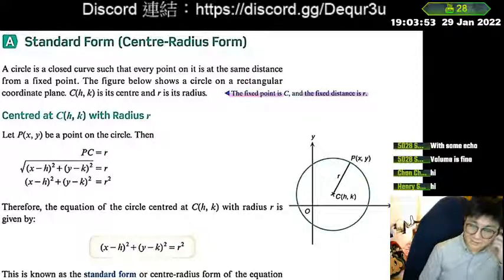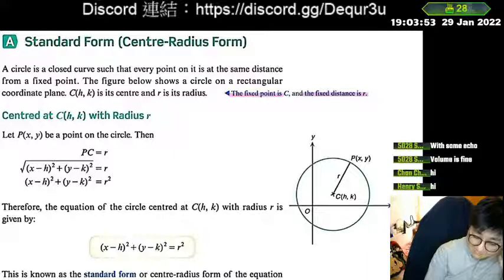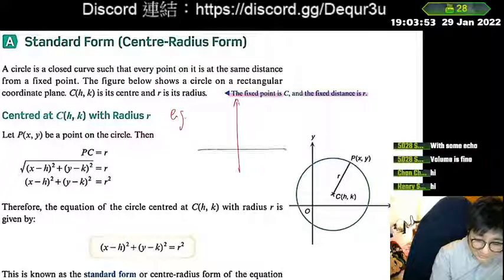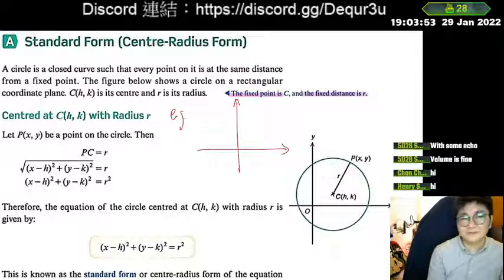Alright, let's do some really quick examples. Suppose now I have a circle. In order to fix a circle, we have to fix the center, the fixed point, and also fix the radius, the fixed distance.